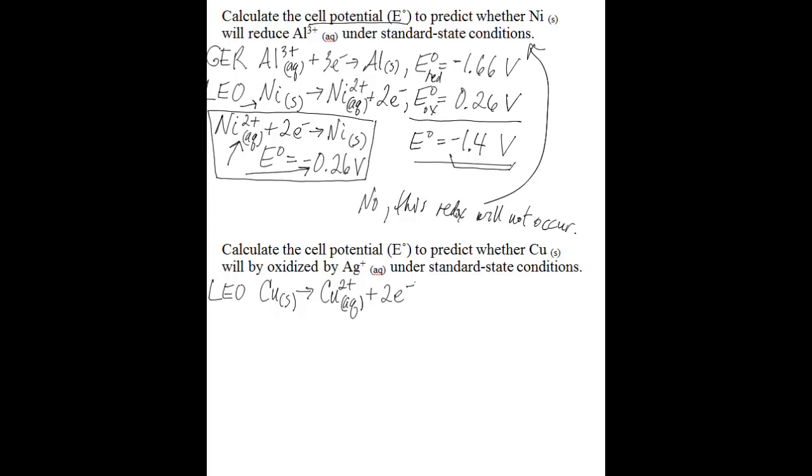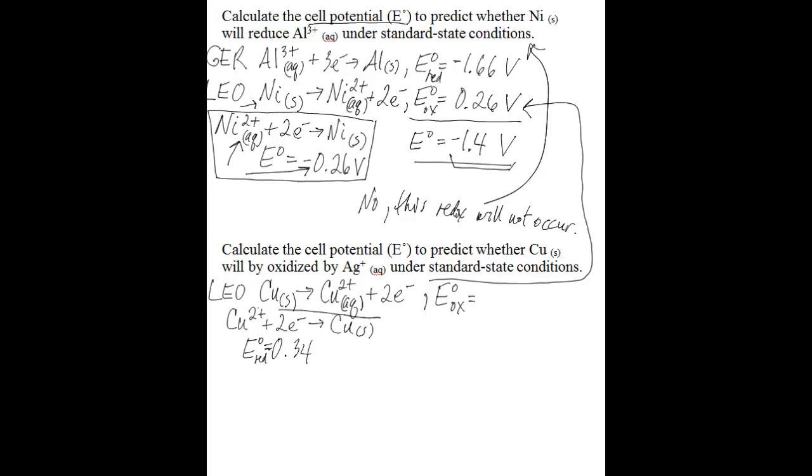So just like the case in the first problem where you had to flip around the equation to get a standard reduction potential and take that number to get the cell potential for the oxidation half reaction, you look up the value in a table for the reduction of copper, the opposite of the one you want, and the value you get for the standard reduction potential in a table would be 0.34.